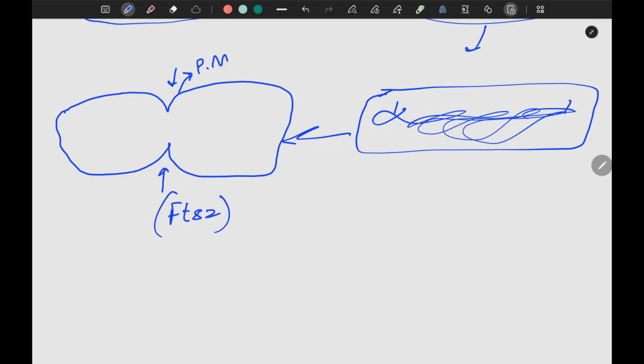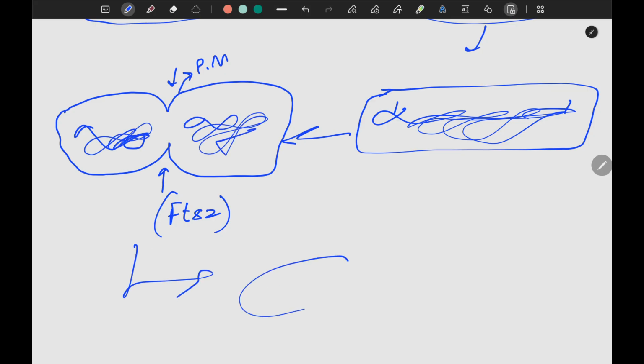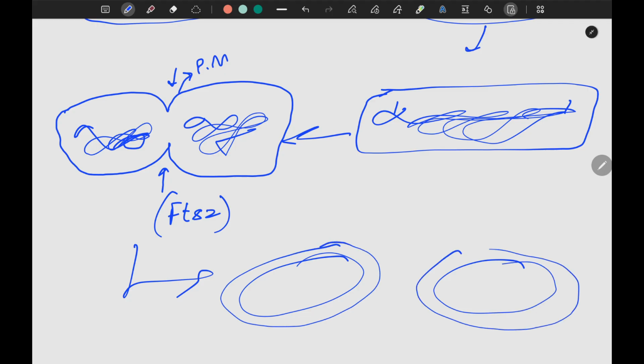It pinches the cell wall into two. Then at last, two daughter cells form, with separate DNA chromosome material inside.